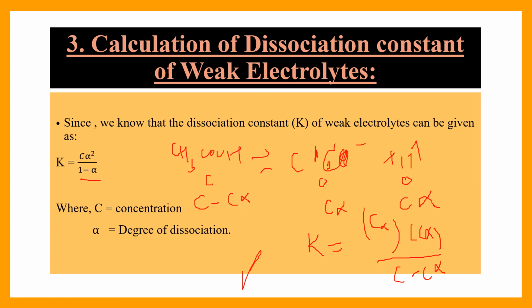On rearranging this equation, we get dissociation constant K as C square alpha square upon C. We can take C as common in the denominator, so 1 minus alpha. So from here we get the value of K as C alpha square divided by 1 minus alpha. So from the Kohlrausch law we can calculate the value of dissociation constant for a weak electrolyte as well.